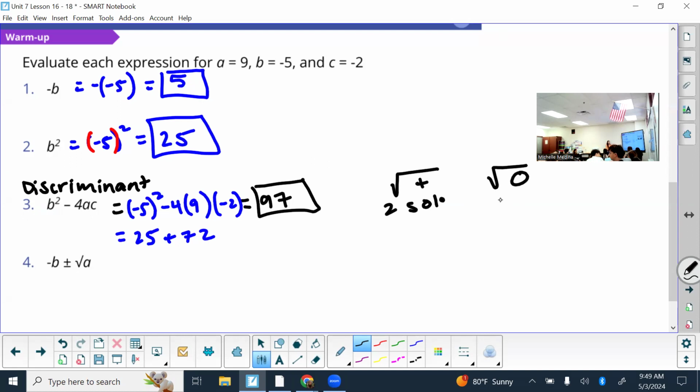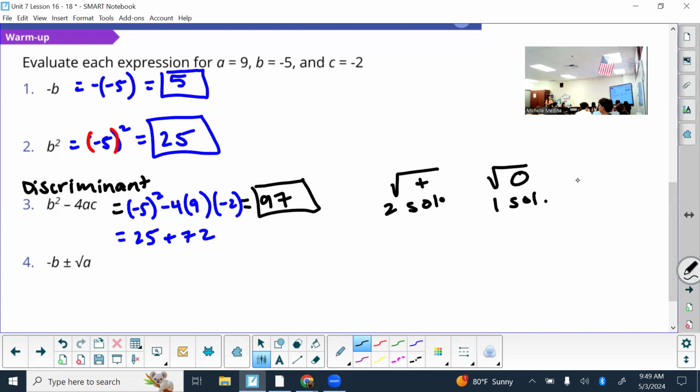Anytime you square root 0, that's where you just have 1 solution because square root of 0 is just 0, not -0. And then anytime you try to square root a negative, that's where you get no solution, because that's impossible. Just good to know. Sometimes you are tested on really easy ways to be able to use the quadratic formula. But anyway, table 6. For number 4, what did you get as a final answer?